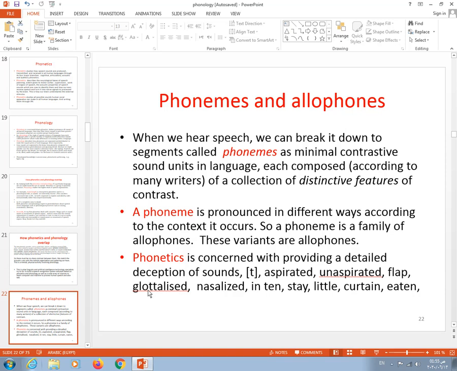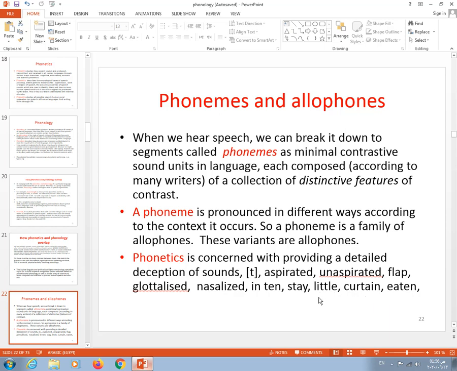It could be aspirated, as in ten. T is aspirated, an audible puff of air is associated with it, and it comes initially. It can be unaspirated, as in stay, where the s makes t lose its aspiration. It can be a flap, in American English, so t becomes like d, as in little.